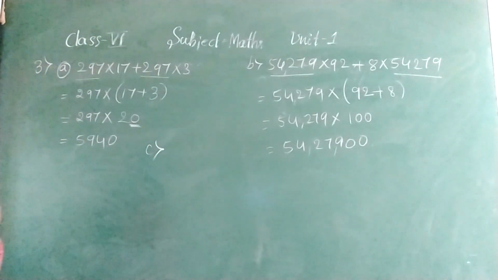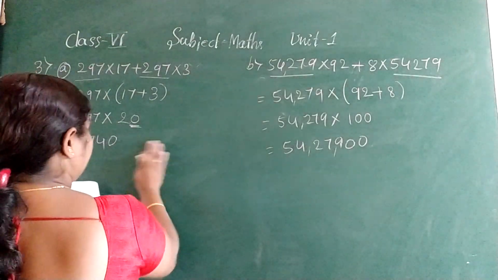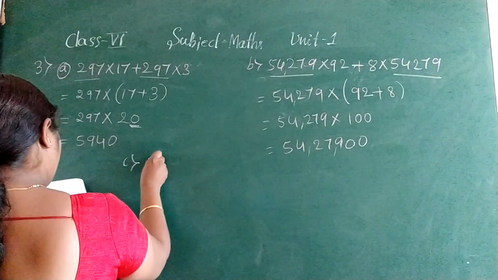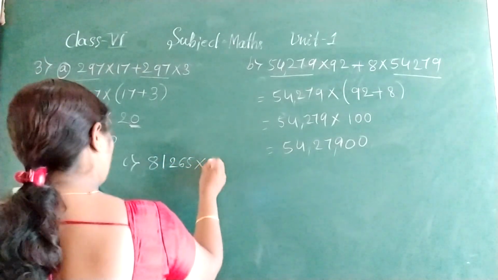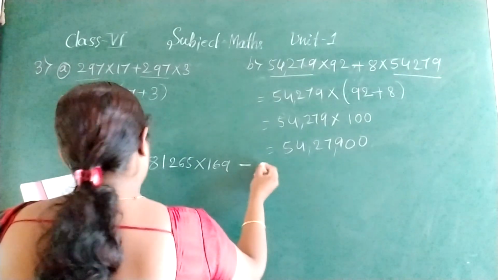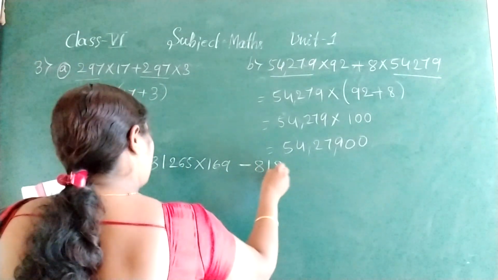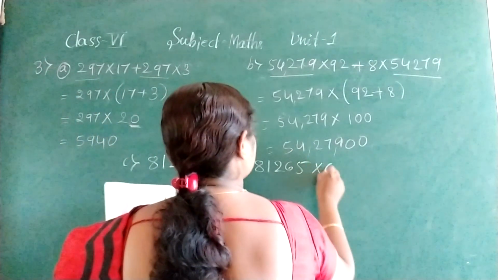Next question, C. I'll write here C. 81265 into 169 minus 81265 into 69.